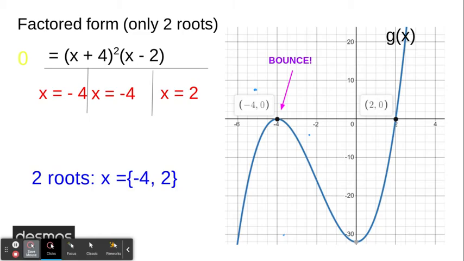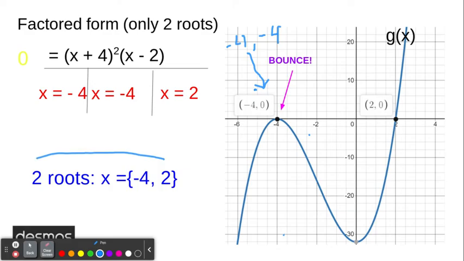We get this from the bounce. So this bounce here gives me my two equal roots, negative 4 and negative 4. When we write these roots, we don't need to write them twice. We just write that negative 4 once.